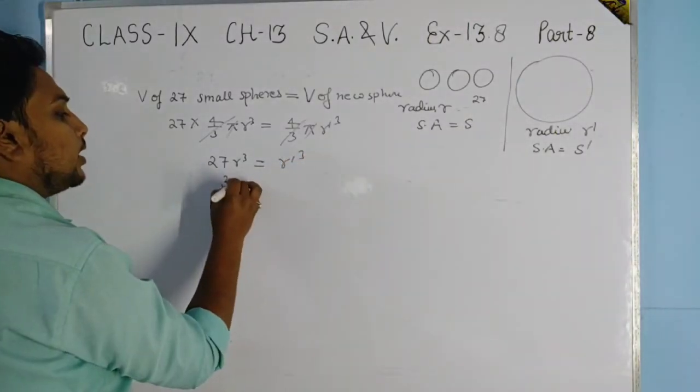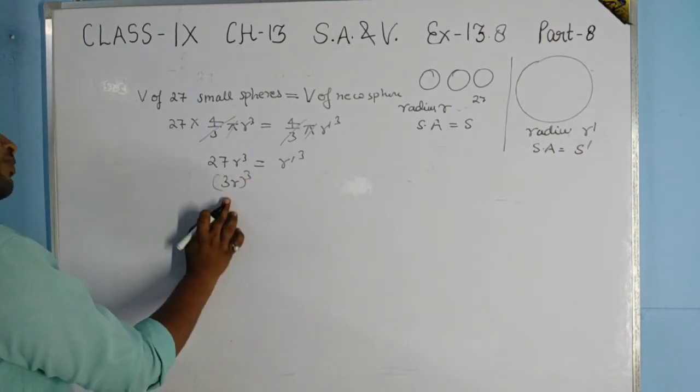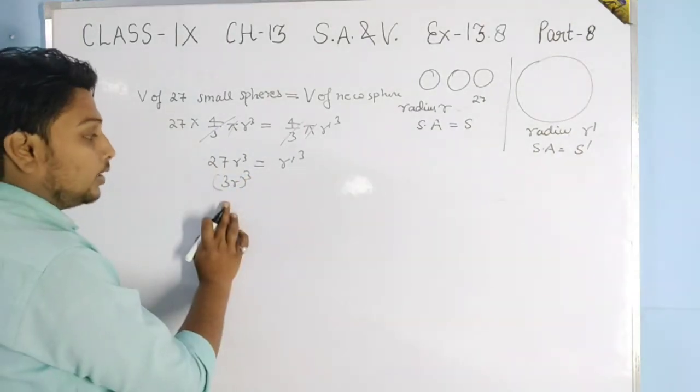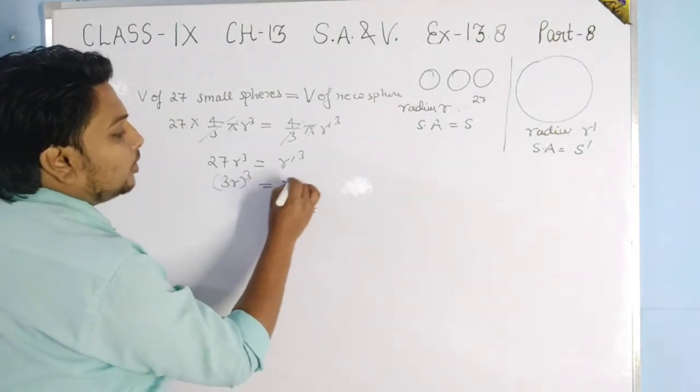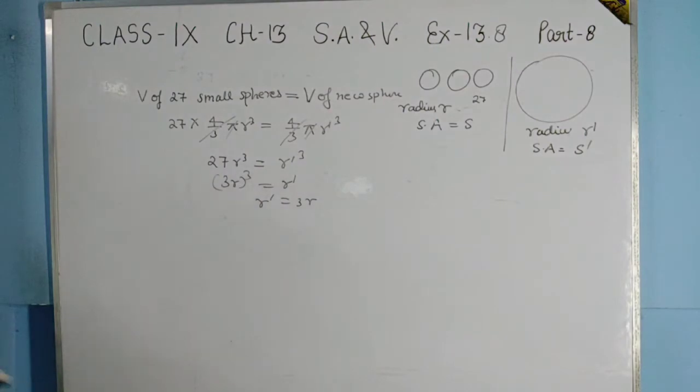You can write it as 3r whole cube, because 27 is the cube of 3. So r dash is equal to 3r. The first part of the question asks for the radius r dash of the new sphere, and this is its answer.